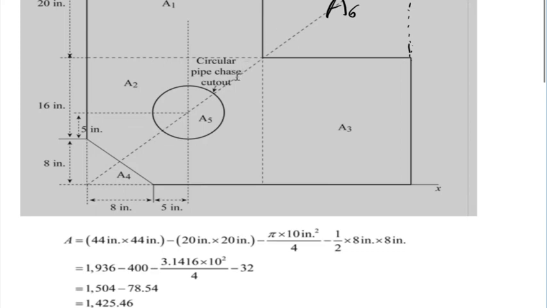So about here is going to be the centroid. So now we calculated the stress in the concrete column and also the centroid of that concrete column cross-section area.